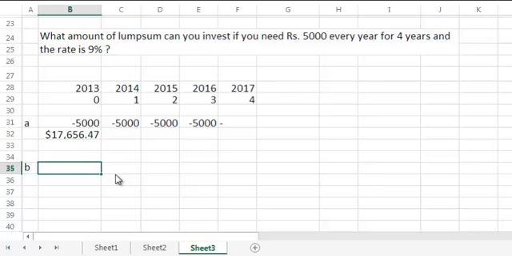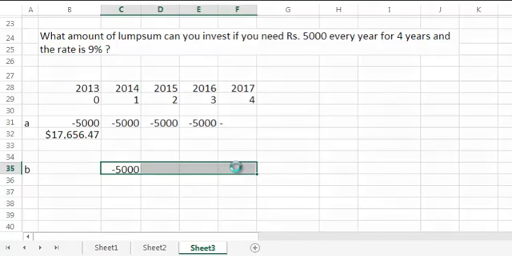Now for the next part, wherein we are going to withdraw 5,000 at end of each year. So which means you withdraw the first 5,000 at end of year 1, which is in 2014, and then subsequent 5,000 in 2015, 16 and 17.